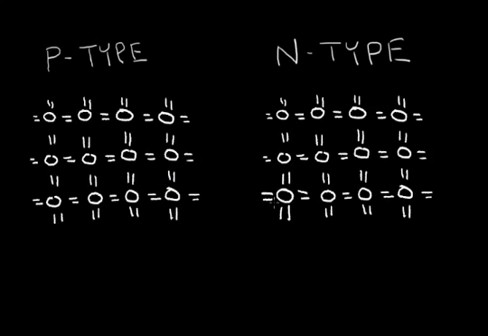Now if I want to take this pure silicon, this intrinsic silicon, and I want to create a P-type material, I can introduce an impurity. And when you introduce an impurity, this is called doping. So in this P side, I want to replace this silicon atom here with a boron atom. And recall that a boron atom, instead of having 4 electrons in the outer shell, it only has 3.